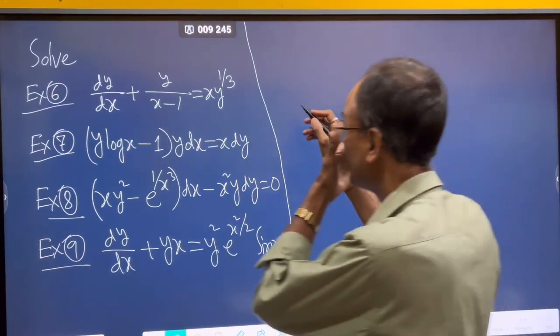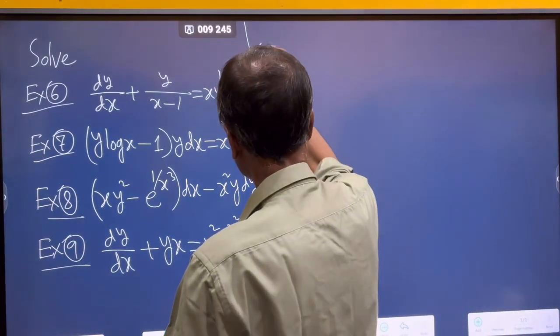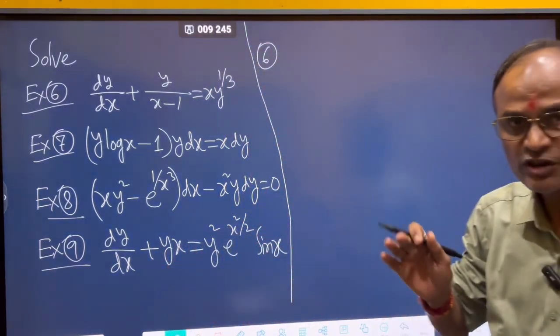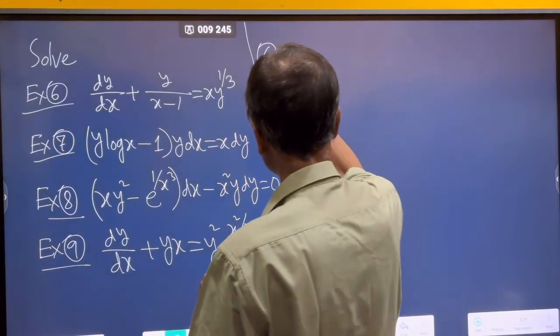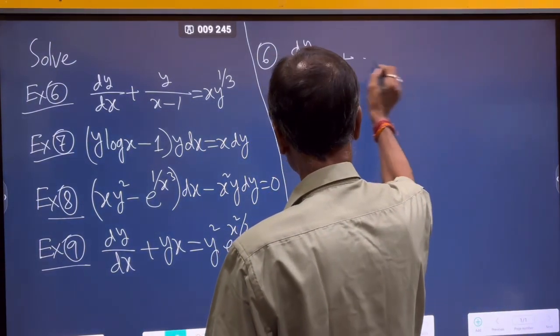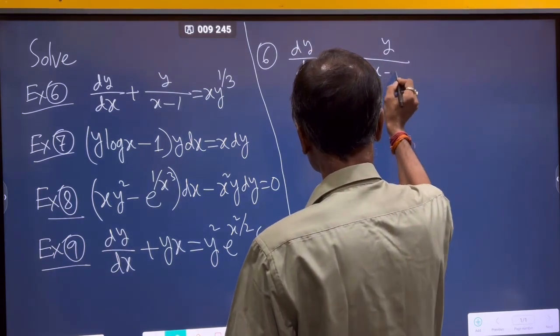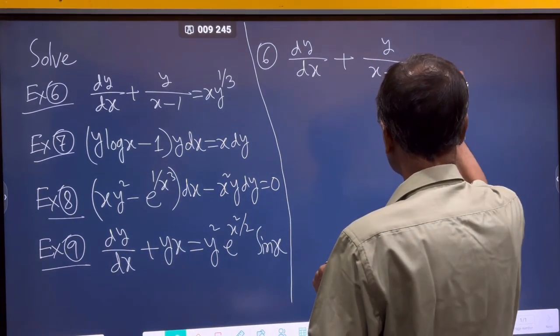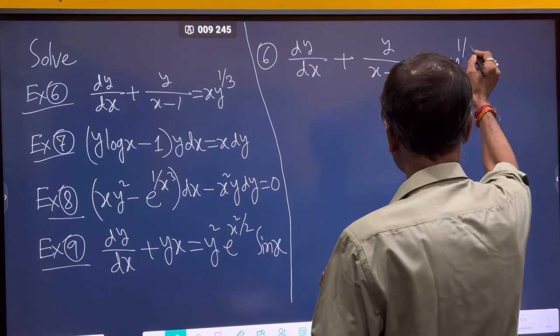Question number 6. The given differential equation is dy by dx plus y by (x minus 1) equal to x y to the power 1 by 3.